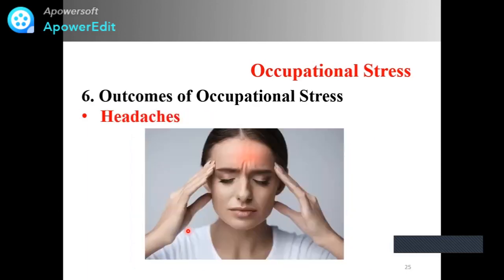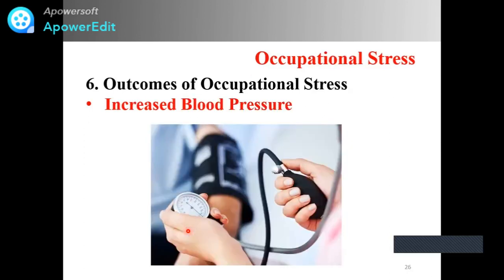Headaches. Headaches are more likely to occur when you are stressed. Stress is a common trigger of tension type headaches and migraine and can trigger other types of headaches or make them worse. Increased blood pressure.